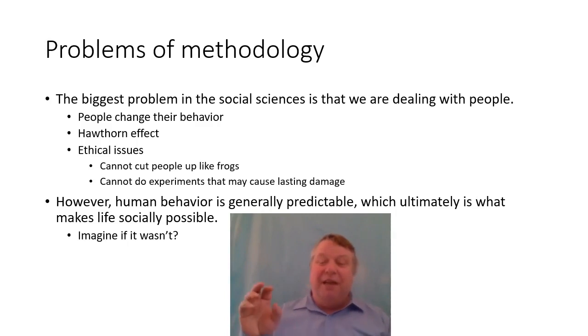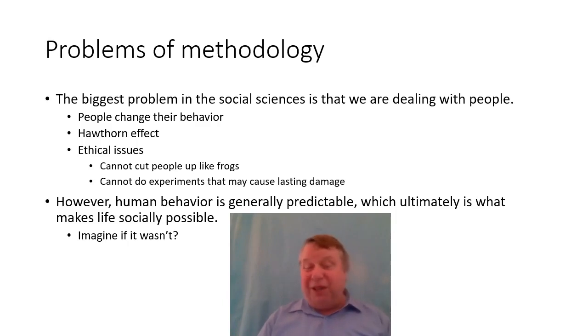So they may try to give false information in order to get some other effect out of the experiment. So this is a very real thing, and it means that we have to be careful when we're doing research not to affect people's behavior.